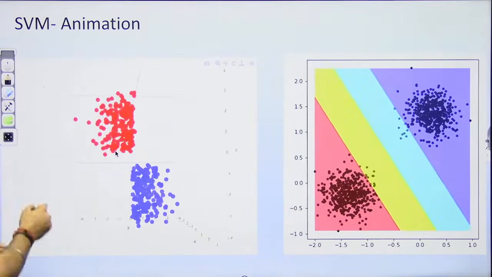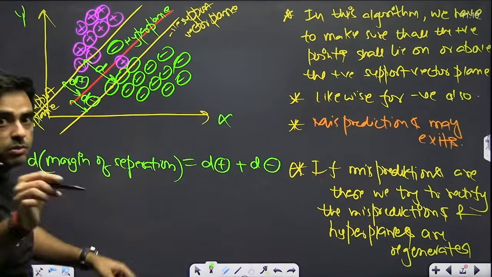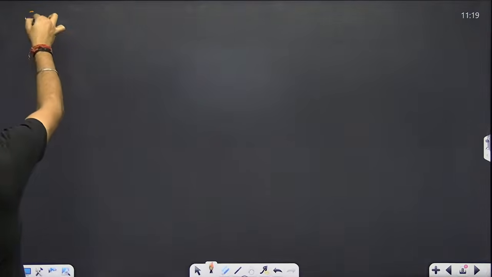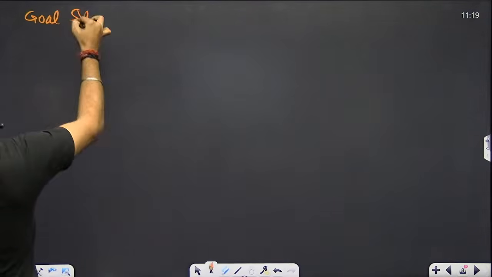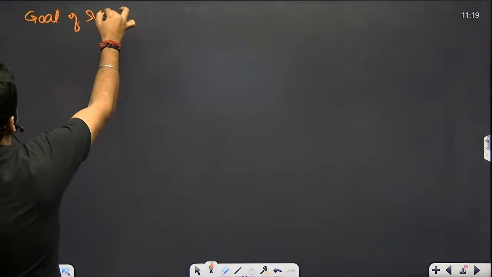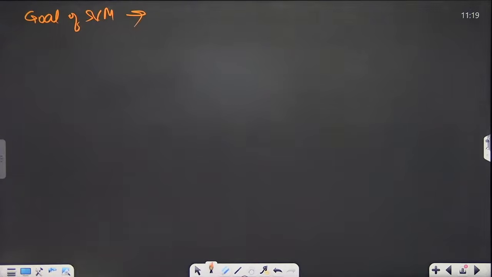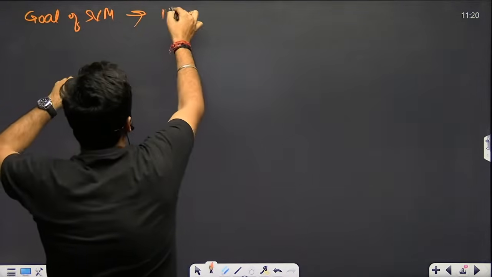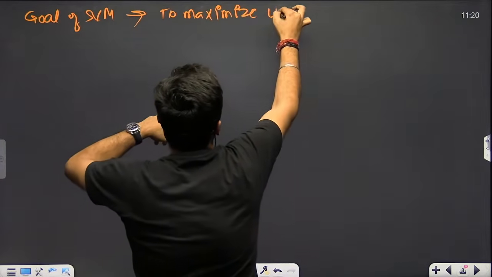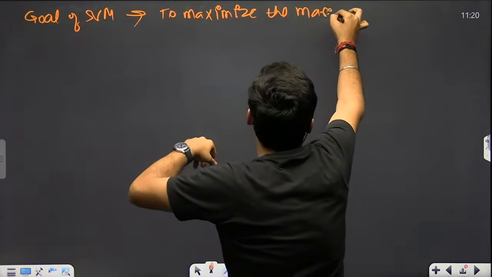So what is the goal? Now I would just try to explain the goal of SVM. What is the goal of support vector machine? The goal of support vector machine is to maximize the margin. What is margin?